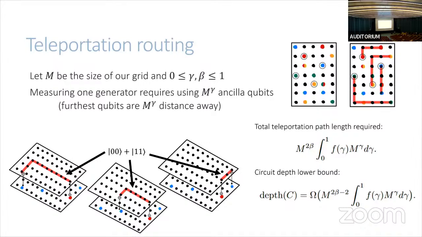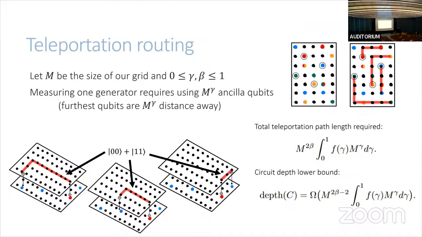And we can consider the depth required to measure some generators in this way. A very simple way of doing this is just to count the length of the Bell pairs essentially that you need to measure them.